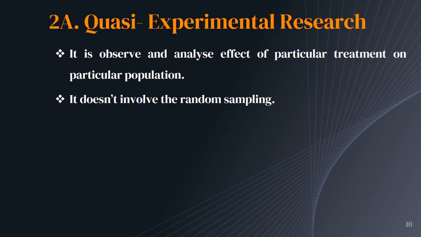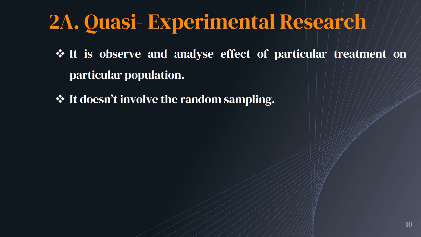Now quasi-experimental research. This is a type of experimental research. Actually there are three types: pre-experimental, quasi-experimental and true experimental. Out of that we are going to study the quasi-experimental. This is also a subtype of the experimental. It observes and analyzes the effect of a particular treatment on a particular population.